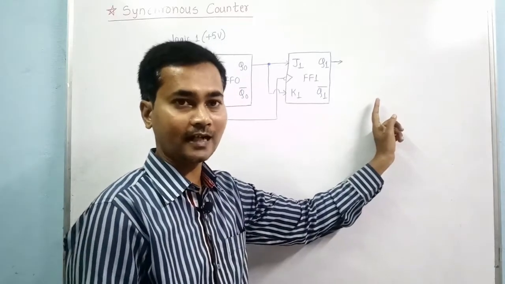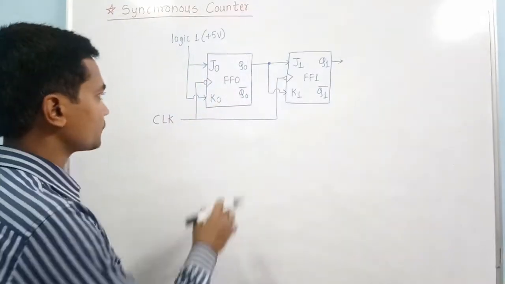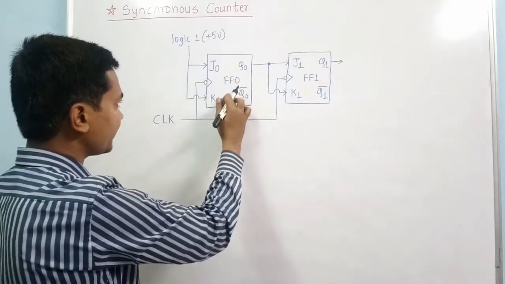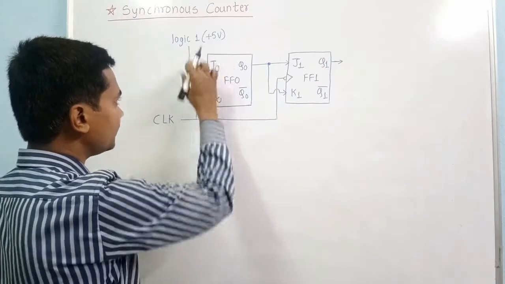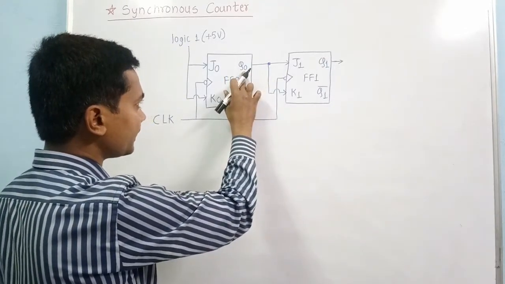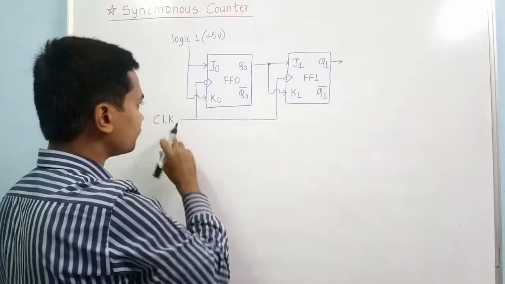In this way we can make the connections. The first flip-flop's inputs, J0 and K0, are connected to logic 1. The Q0 output is connected to J1 and K1 of the second flip-flop.